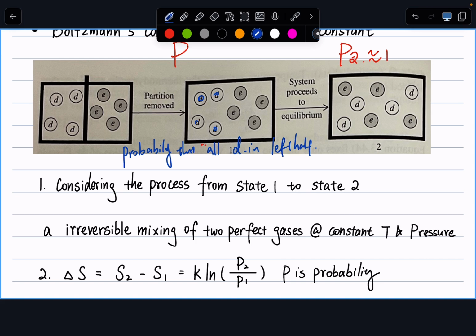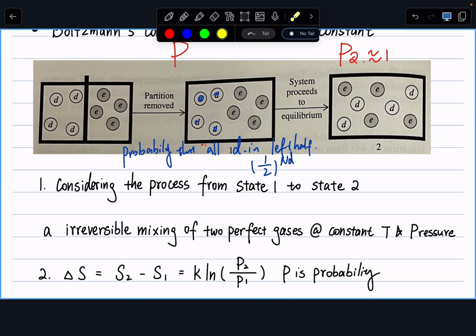So for each blue dot on the left, assuming we partition it evenly, each blue dot will have 1/2 of the probability to stay where it is on the left half. But we have, in this case, a number of molecules, so the number of D will be multiplied together. All right, so the probability of all my molecules D on the left-hand side is 1/2 to the power of ND, where ND is the number of molecules D. With me so far?